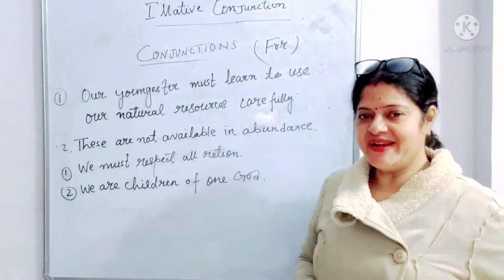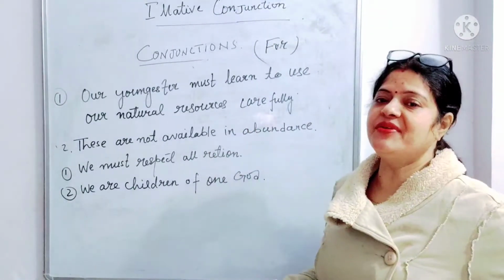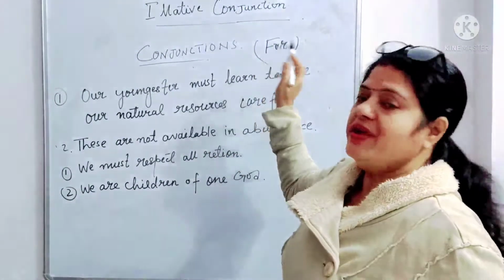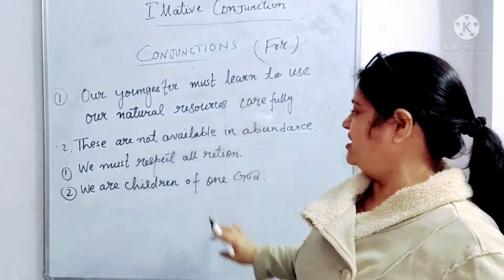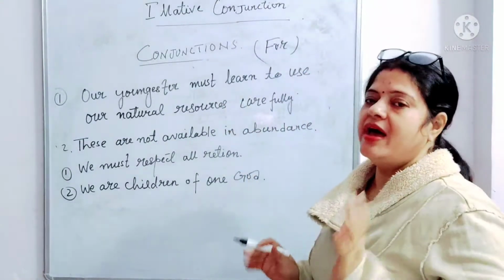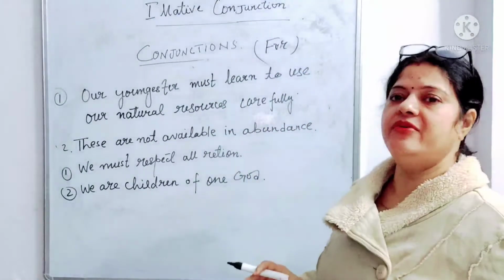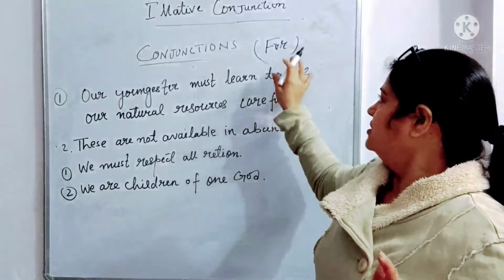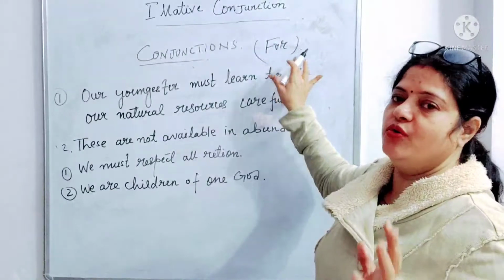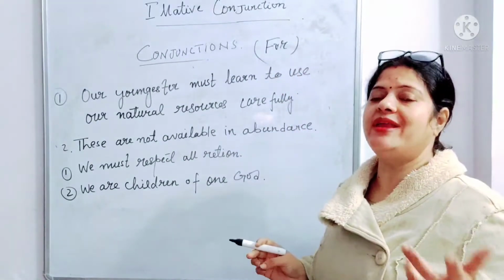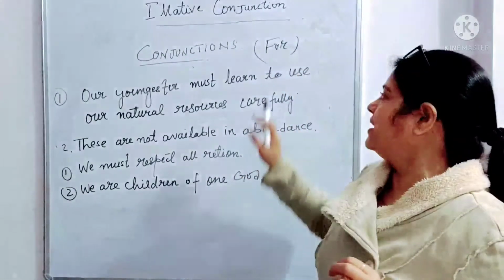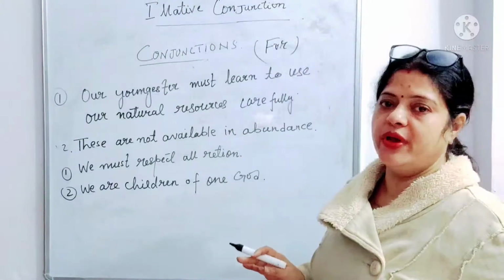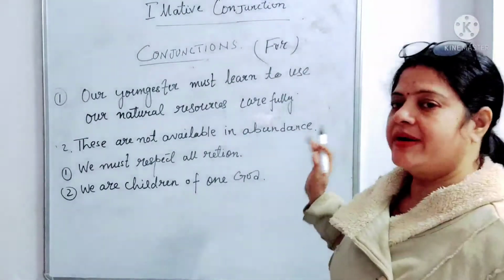Again, two simple sentences we will join by using the conjunction "for." And remember that when we join with the help of "for," it will not show any kind of result, but it will show the reason. Okay, so we are starting.